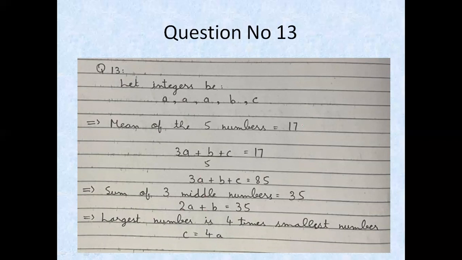Okay, so one equation is this. You have 2A plus B equals 35. For your understanding, I'm doing this.